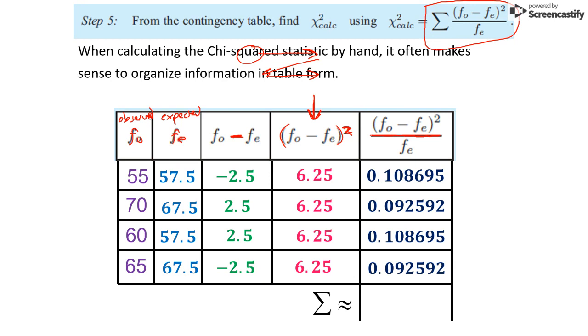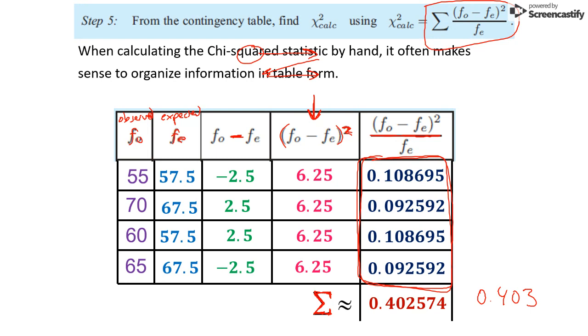And then at the very bottom, I end up with the sum. That's my final calculation here, the sum of all of these values. The sum of all of those values ends up being 0.402574, and so on, which to 3 sig figs would be about 0.403.